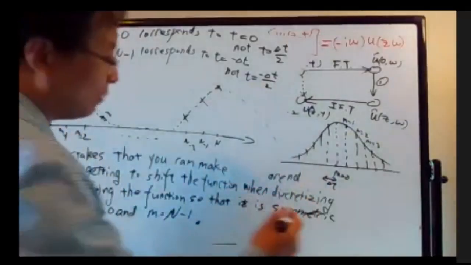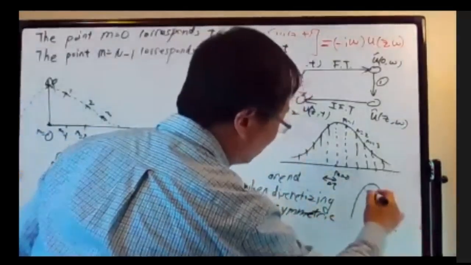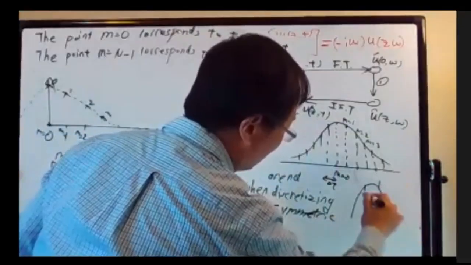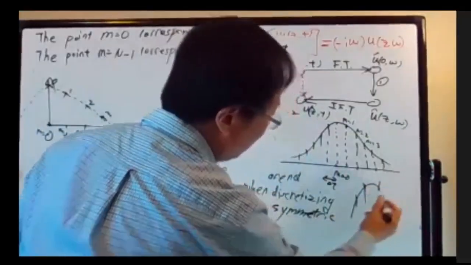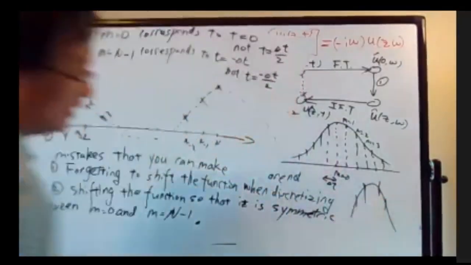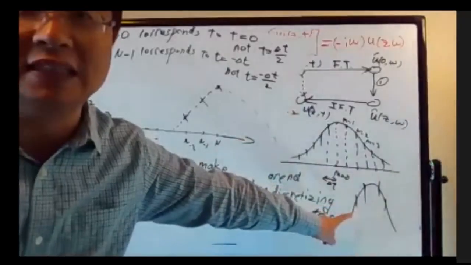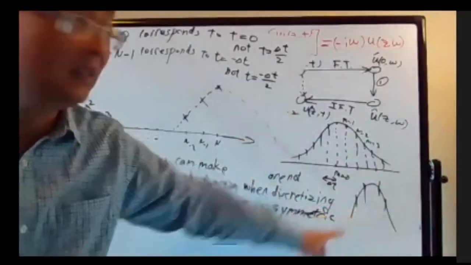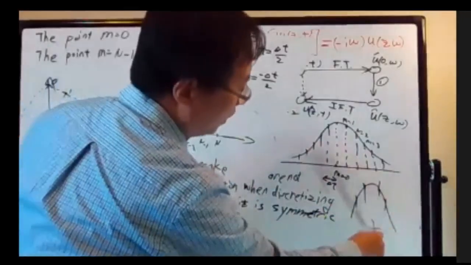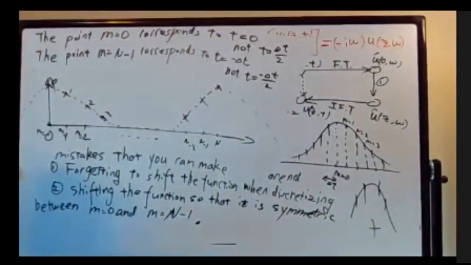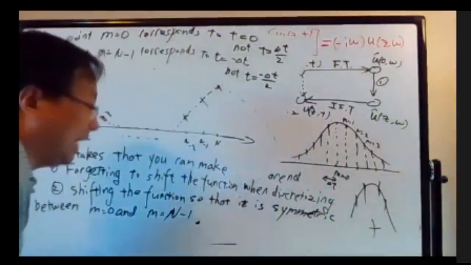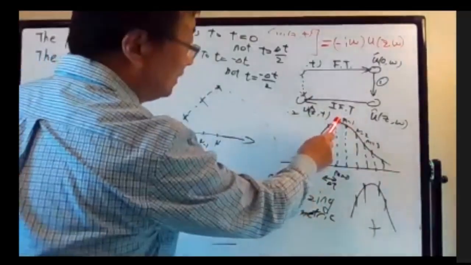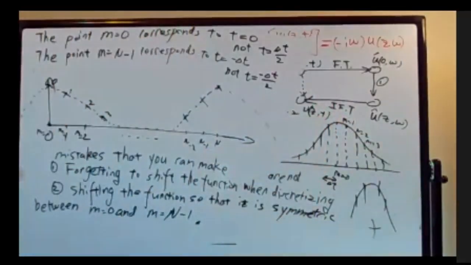Instead, for example, when I discretize it, I'm not discretizing like this, right? Centered at half delta t. So this discretization is wrong. The way we discretize is that we need to discretize the center peak as the maximum, right?